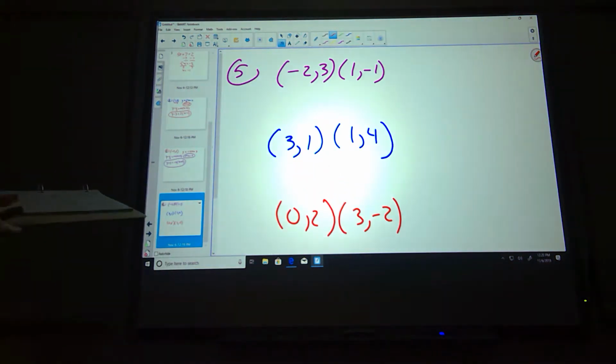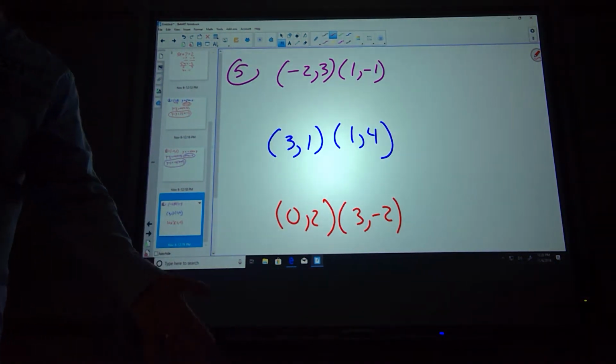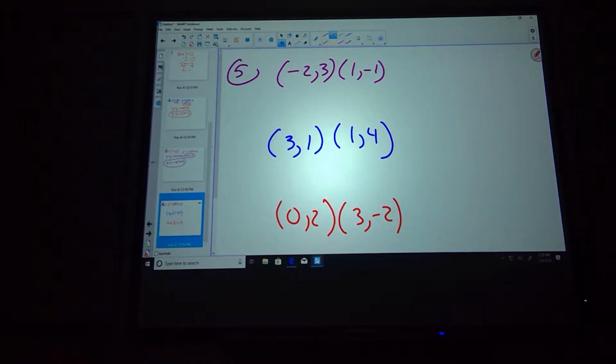Everyone agree? So 3 different sets of points. How many points define one line? 2. So each one of those defines exactly one line.